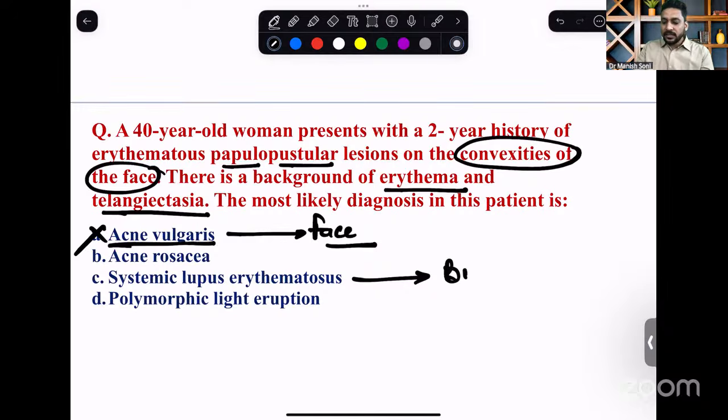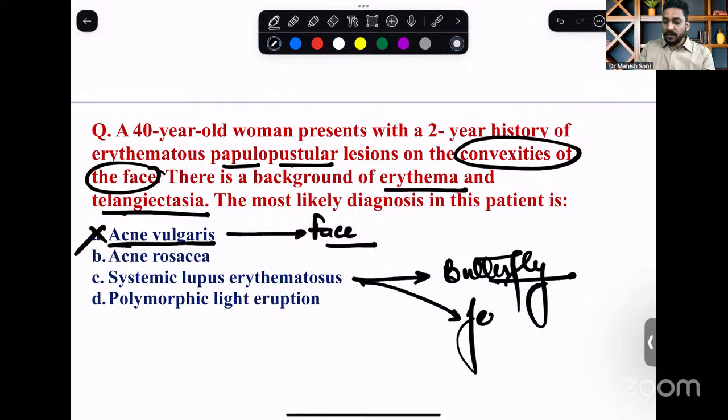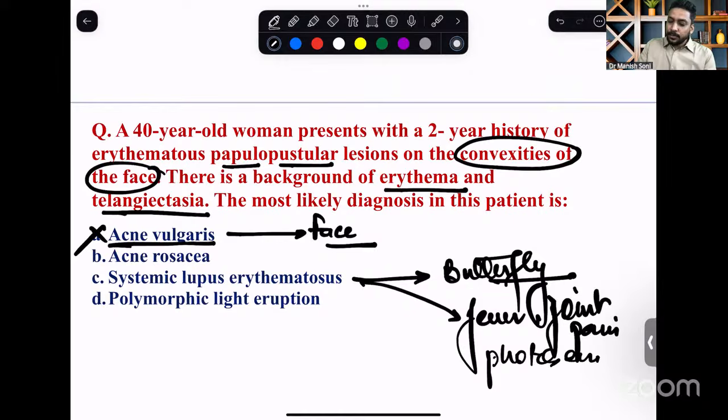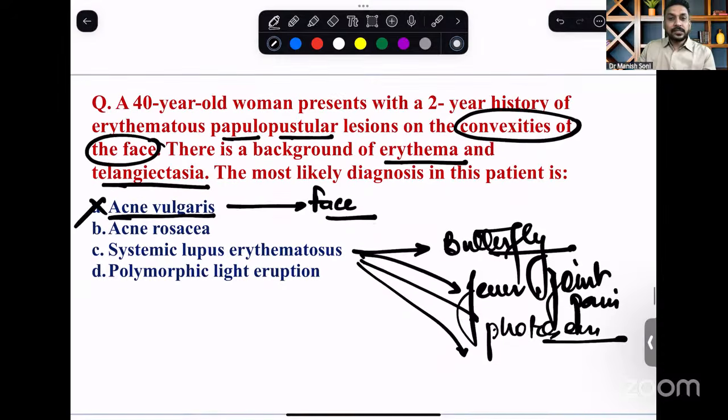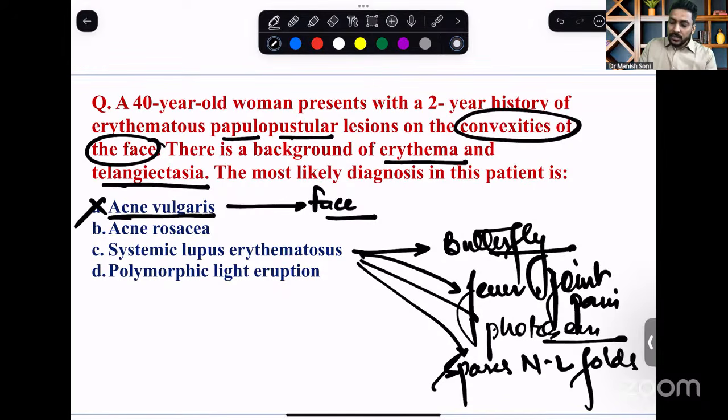This is a systemic condition, so there is a history of fever, joint pain, and photosensitivity. Generally, sunlight exposure aggravates it. And remember that this spares nasolabial folds. So these are some characteristic features of SLE butterfly rashes.